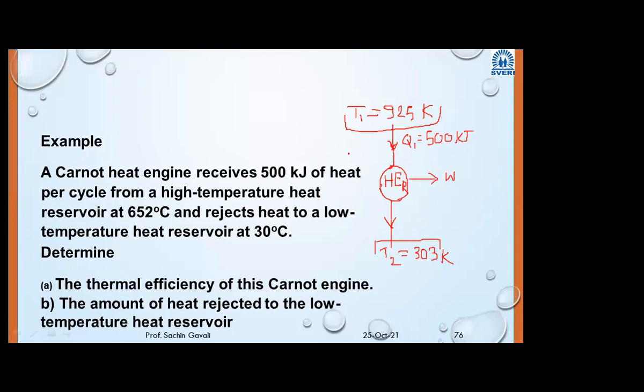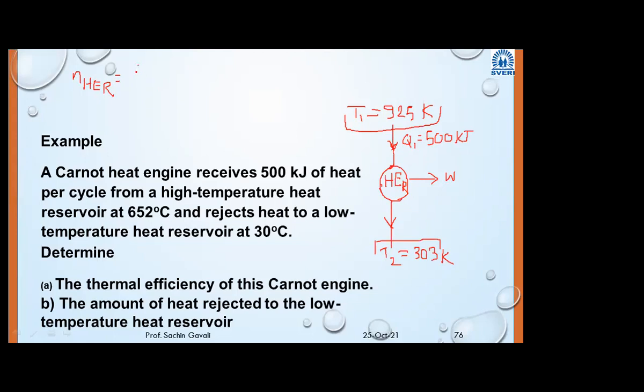Now thermal efficiency of a Carnot heat engine is a function of what? Reversible cycle heat engine efficiency is a function of temperatures only.